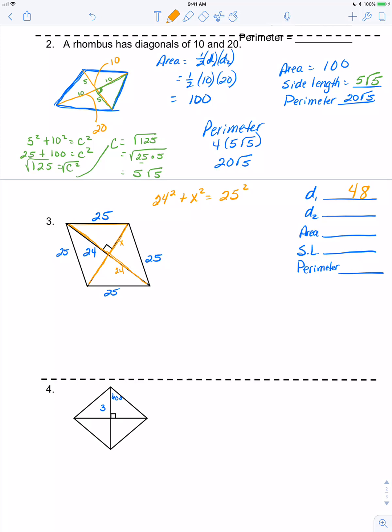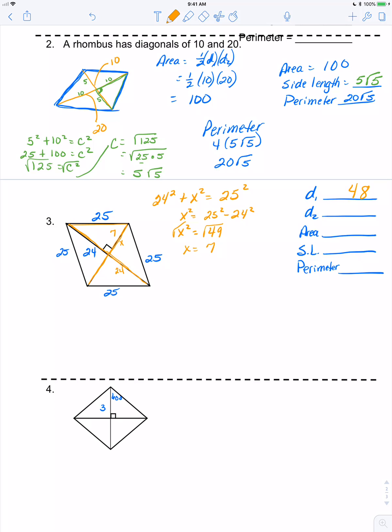Remember that one on the outside, your c is always your hypotenuse. Okay, so x squared is 25 squared minus 24 squared, which gives us 49, and the square root of that, so x is 7.